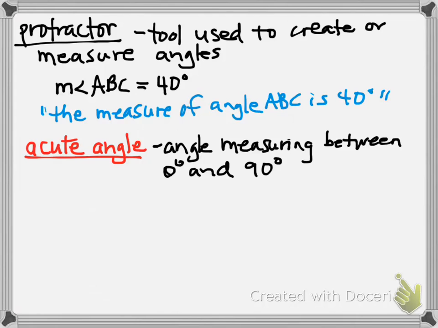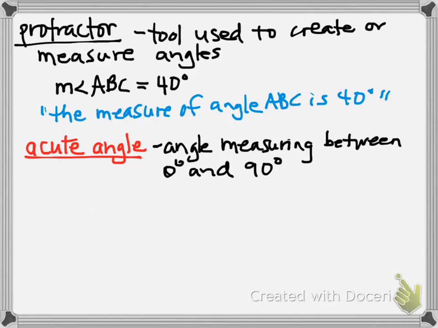Now, the word between in mathematics means do not include the numbers I give you. It's right after 0 and right before 90. Okay? So 0 and 90 cannot be considered acute.